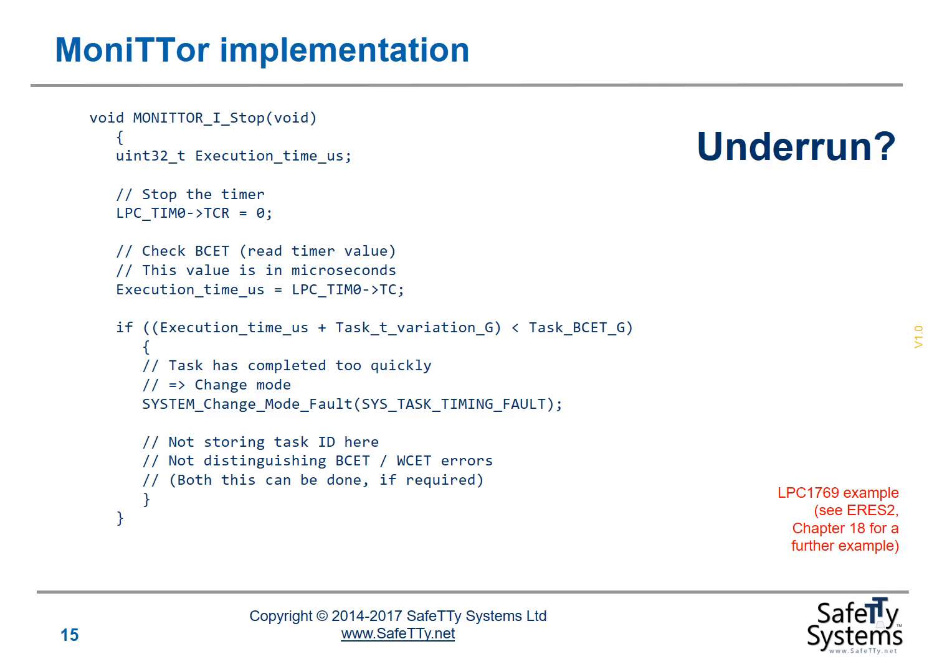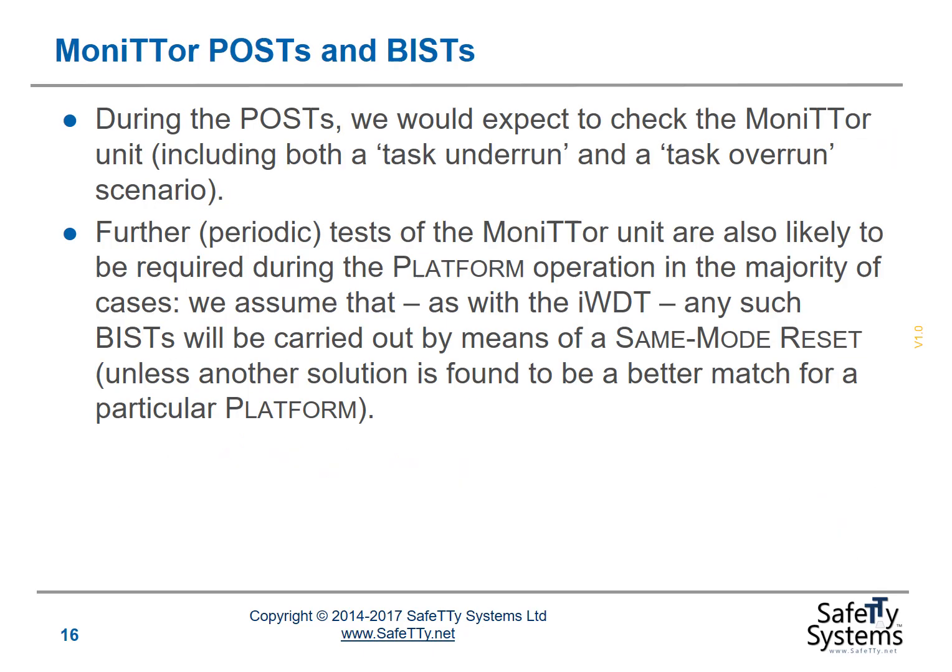If the task is completed too quickly, then using this particular implementation framework, we force a shutdown. Again, we're not storing the task ID, and we're not distinguishing between best case and worst case errors. And again, both such checks can be carried out if required.